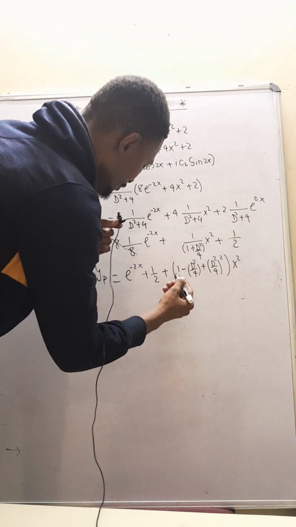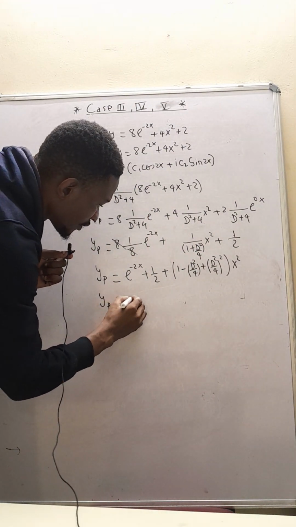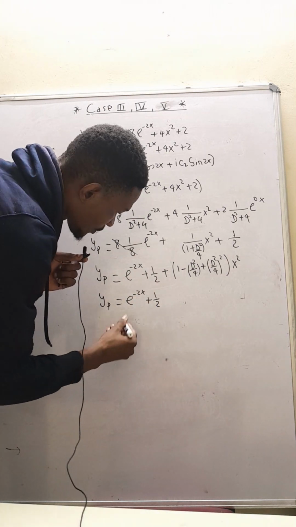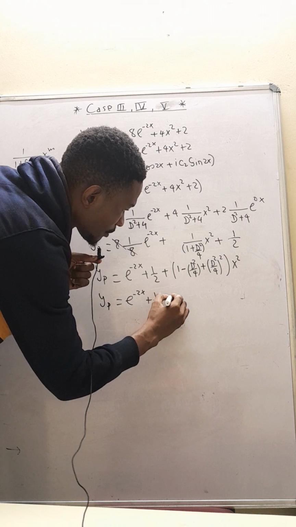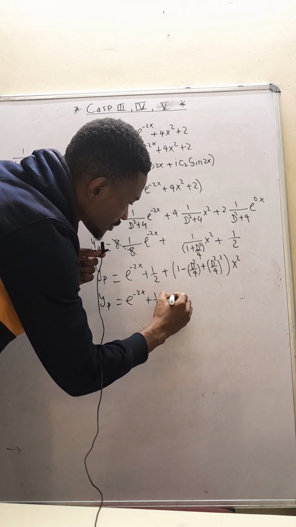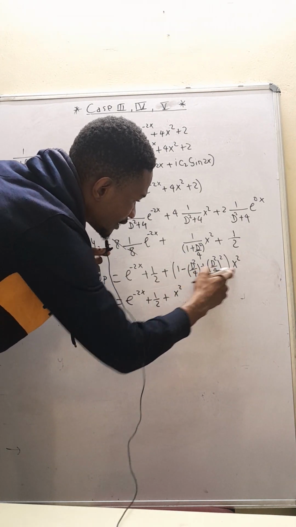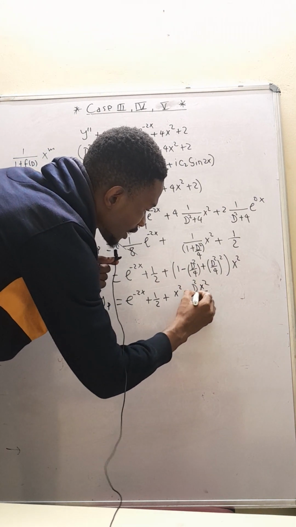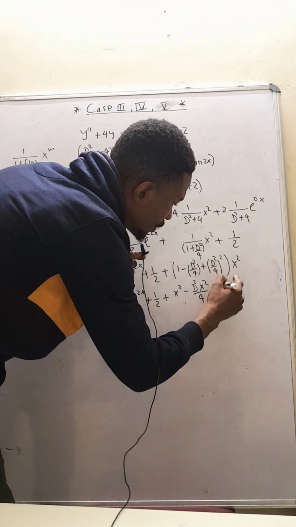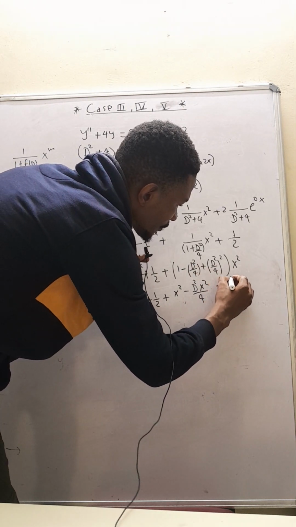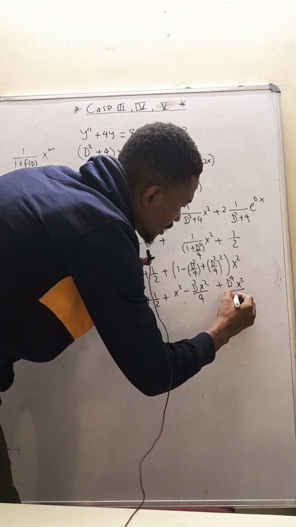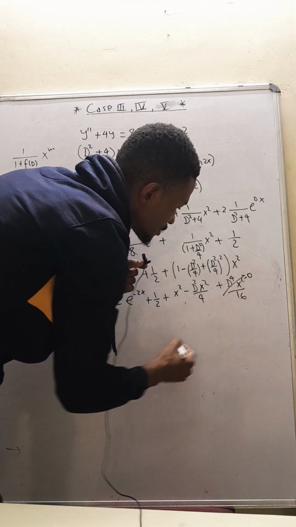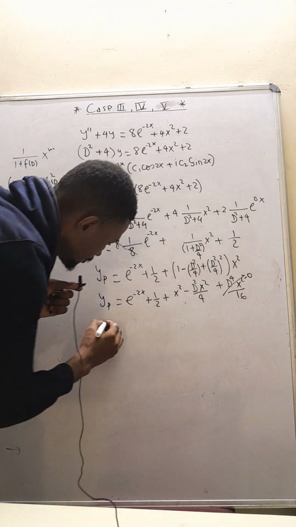So this one will be yp equals e^(-2x) plus 1 by 2. And this time this will be x squared, and this time minus the differentiation 2 times of x squared by 4. Here we know this will be 0, because D raised to 4 on x squared, by 16, all will be 0, and this will be only 2.